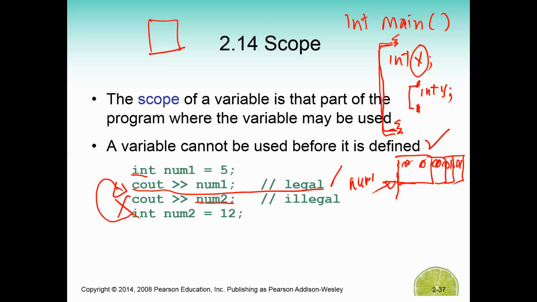My question is, on the second set of curly braces with int y, do you use int y first? You're referring to this one, right? If I put int y outside this set of curly braces, then I can use y here and x here as well, because they are going to be outside.